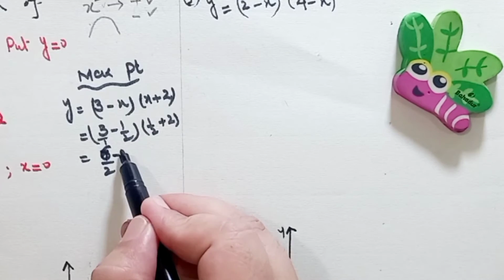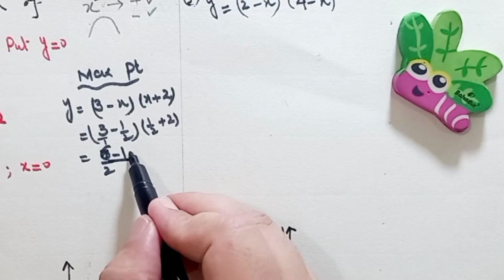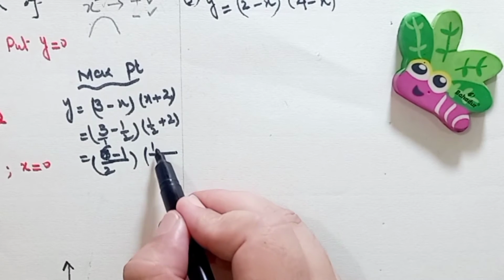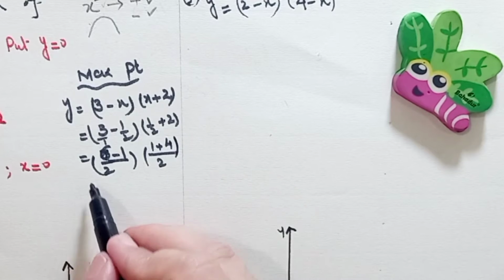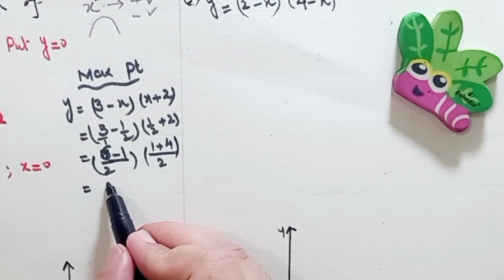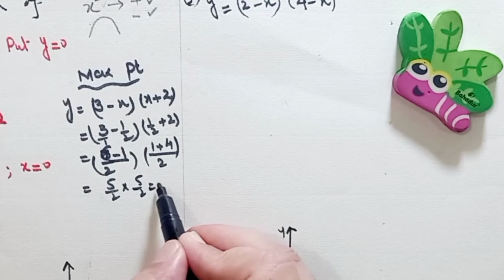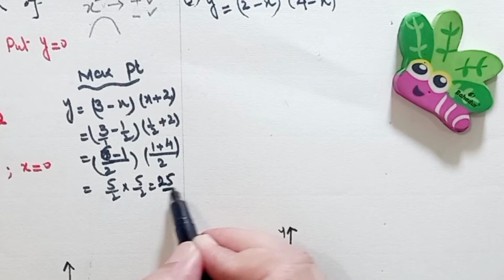3 2s are 6, 6 minus 1 by 2, and this is 2, 1 plus 4, 5 by 2, multiplied by 5 by 2, which is equal to 25 by 4.